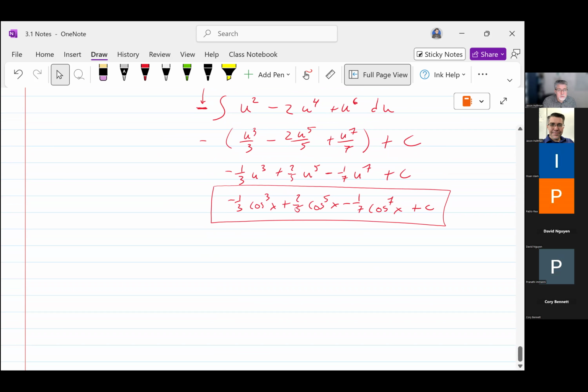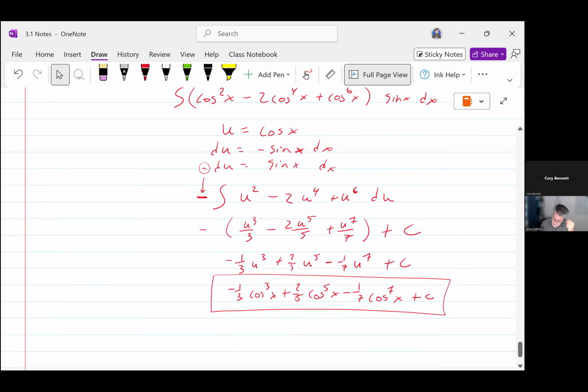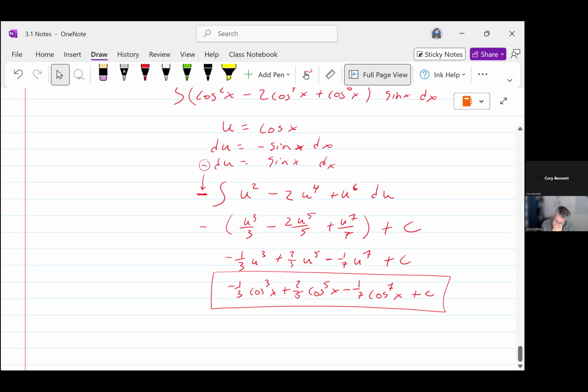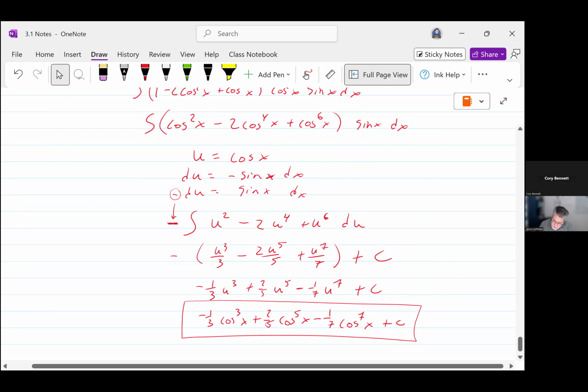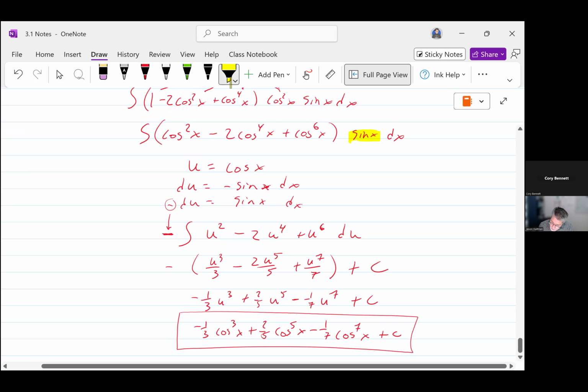Just for clarification, could you scroll up just a little? Yeah, sure. You chose u because it was the one that was grouped with everything else, like there were multiple cosine x's, right? Right, so I'm going to replace that and do a du. That's the reason I wanted to break off the sine x, because I knew that cosine was going to end up being my u.